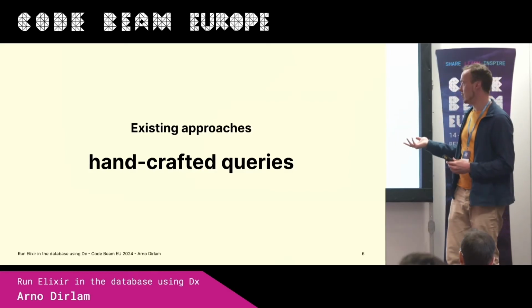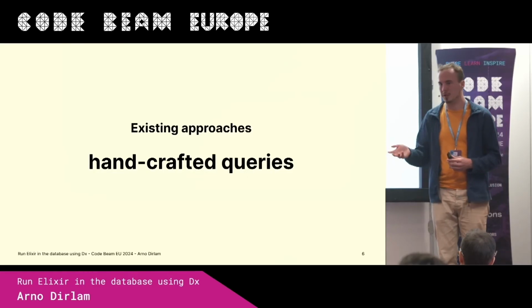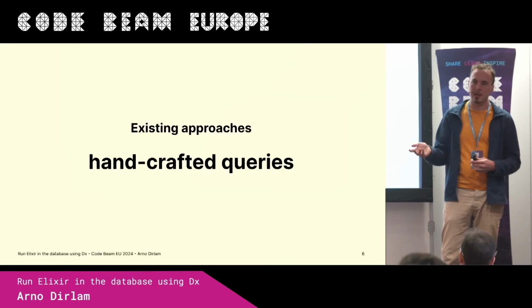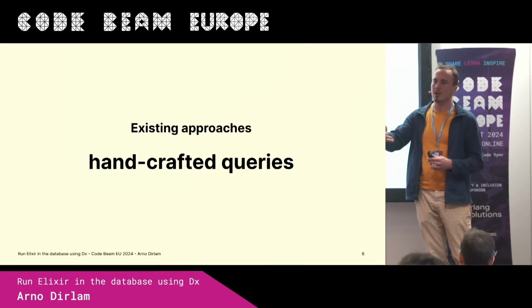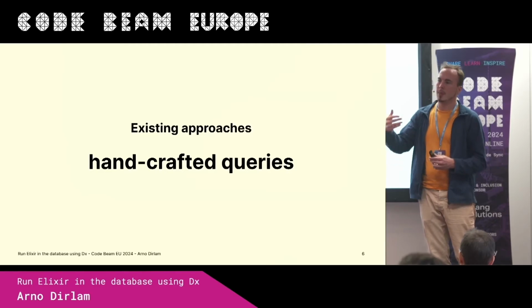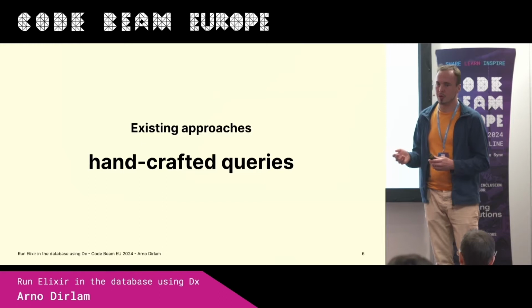A good thing here is to use, for example, named bindings. And then in Ecto, there's a relatively new function. You can say has_named_binding. And then you know, okay, this is already joined. I can use it in my filter. Or maybe it's not there yet, then I need to add the join.